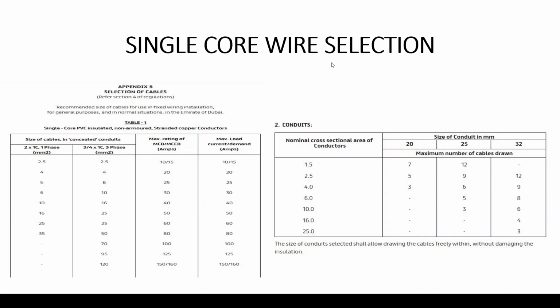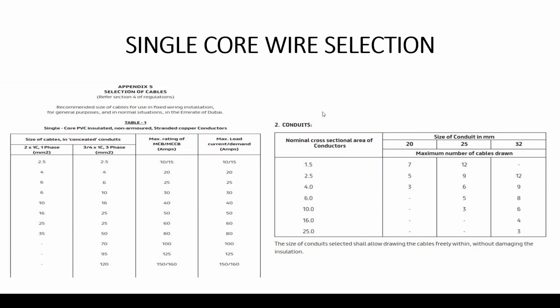As we explained earlier, single core wires are used in a conduit. For example, you would like to use single core wire for a light circuit or power circuit. Based on our application and the conduit size that we have, you want to select the suitable wire size.